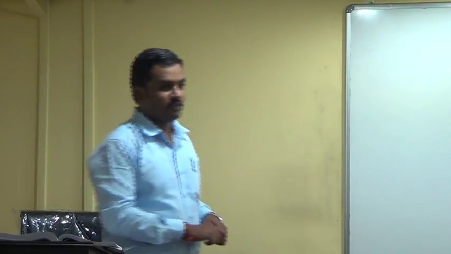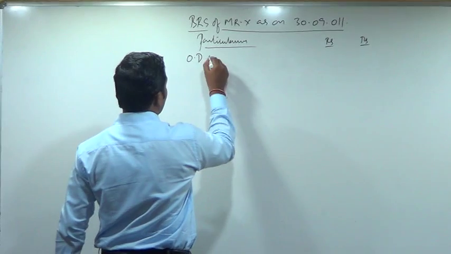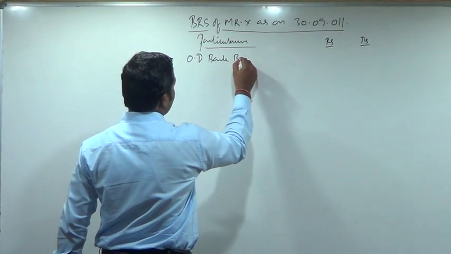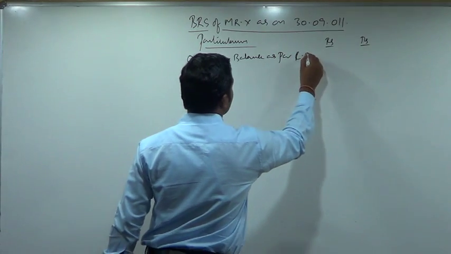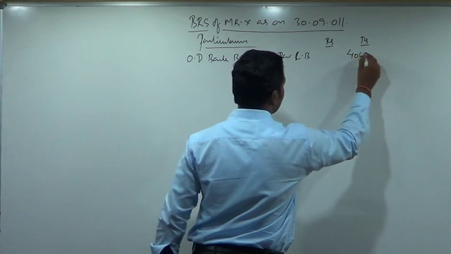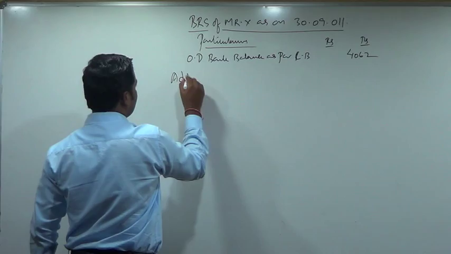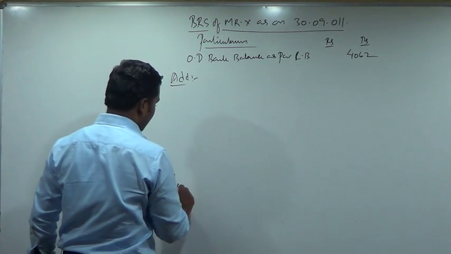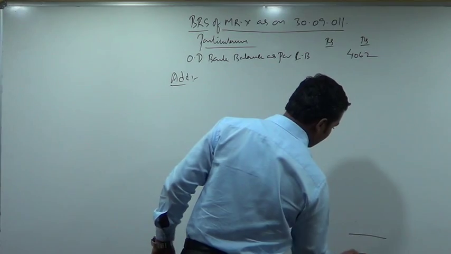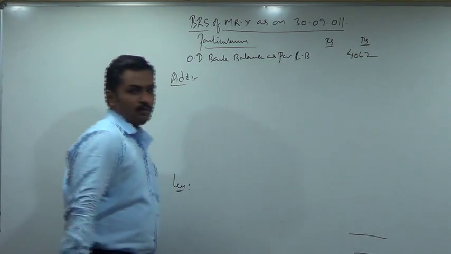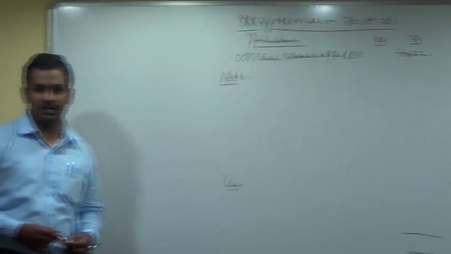Let us start now. We will start with the overdraft bank balance as per cash book. How much? 4062. Add less. Temporarily assume you don't know the passbook balance; the bank balance as per passbook will be the answer.